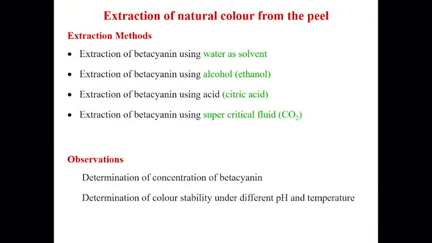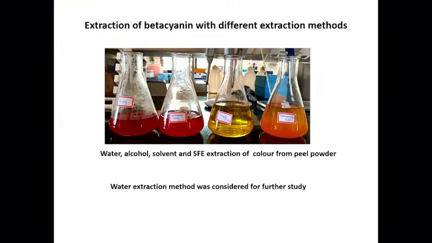Different extraction methods were tried: extraction using water, alcohol, citric acid, as well as supercritical fluid. Since it is a polar compound, extraction using water and alcohol were found best.